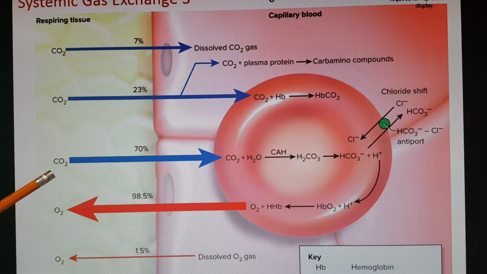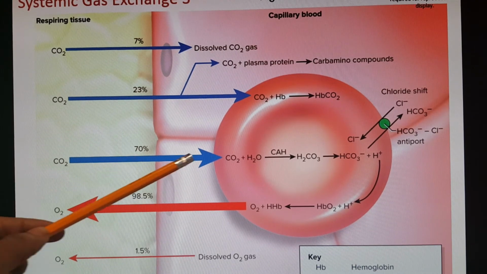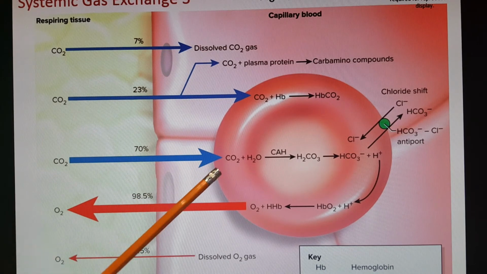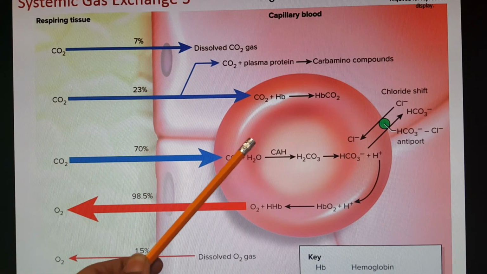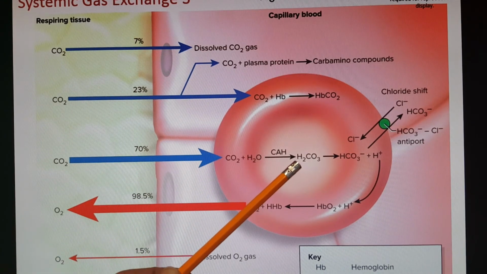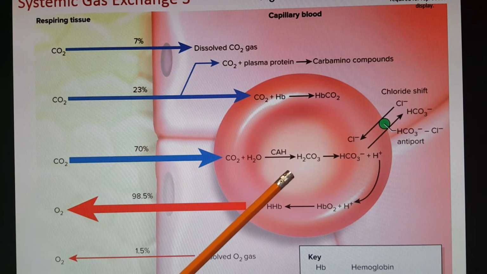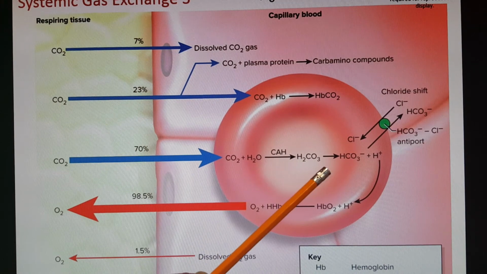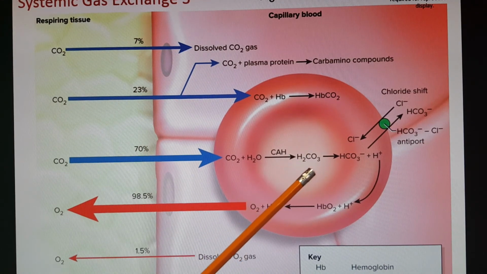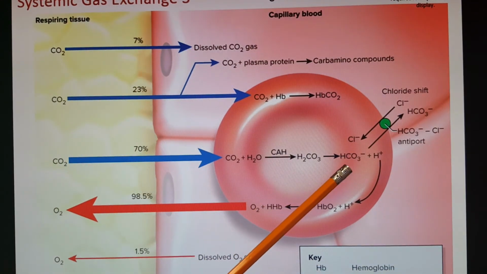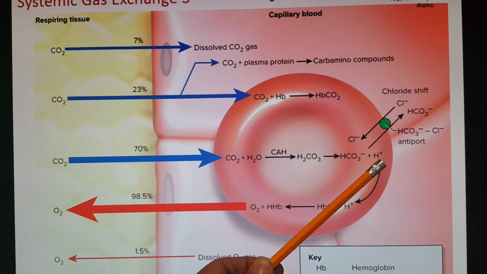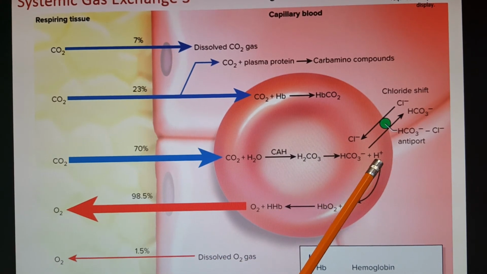The rest of your carbon dioxide diffuses into a red blood cell, which then gets hydrated into carbonic acid through the carbonic anhydrase enzyme. Then this carbonic acid dissociates into bicarbonate and hydrogen ions. The hydrogen ion then binds to an oxyhemoglobin molecule.